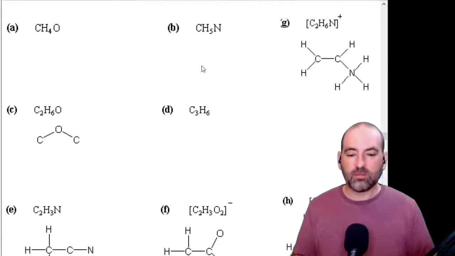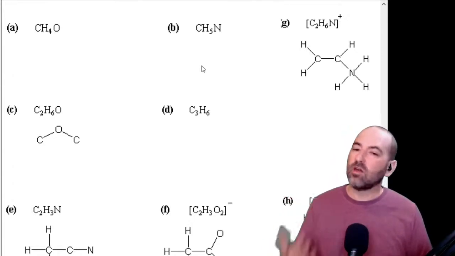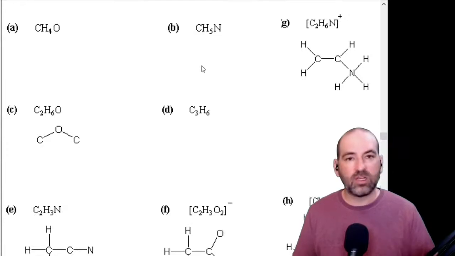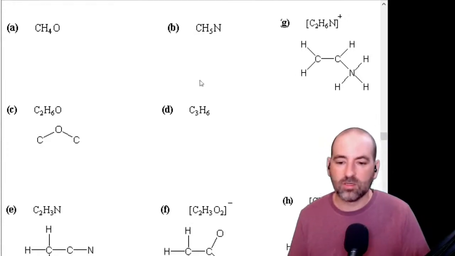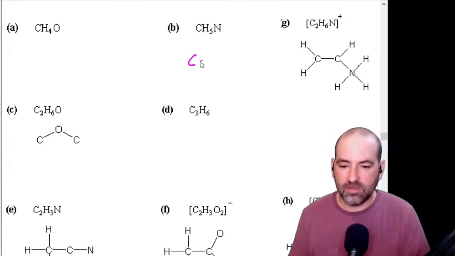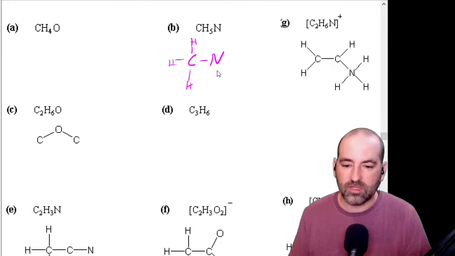Or we can take a little bit of a shortcut and say, look, I know carbon's going to have 4 bonds, and I'm pretty sure nitrogen's going to have 3. So let's just start from there. We'll put the C and the N together. We'll add 3 hydrogens to the carbon. And then we've got 2 more hydrogens for the nitrogen. We can add those as well, and a lone pair.